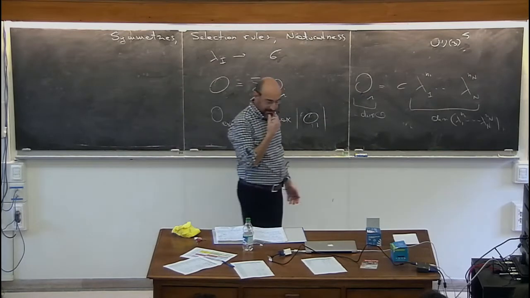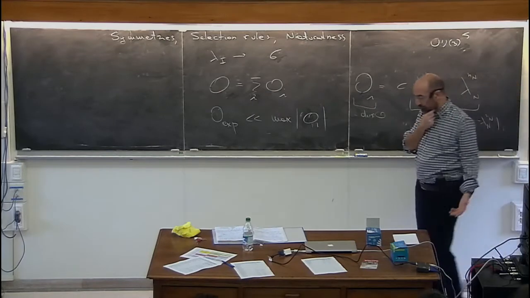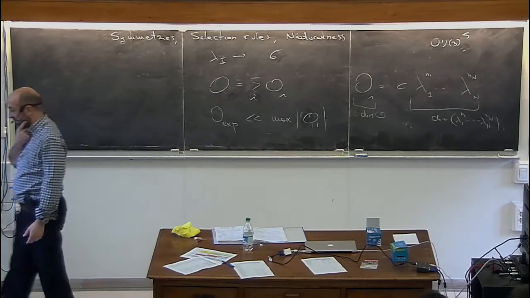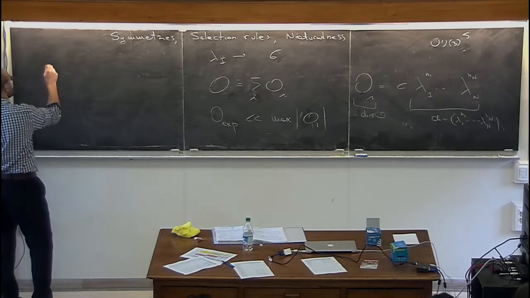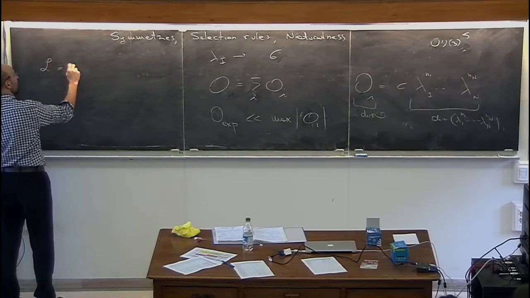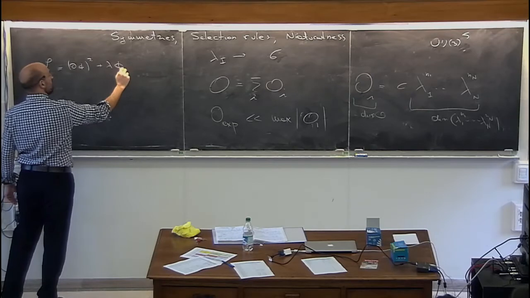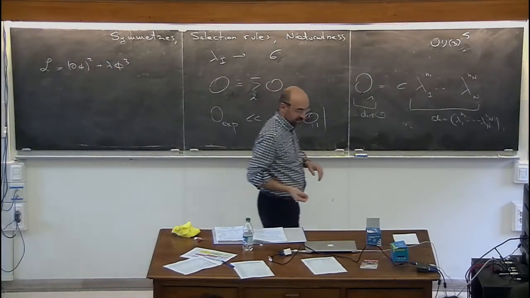So let me give you some examples of naturalness and also some examples of selection rules. This is a little exercise, on selection rules, not on naturalness. Consider for instance a theory like this: d phi squared plus lambda phi cubed in 6 dimensions. Six dimensions simply because in 6 dimensions lambda is dimensionless.